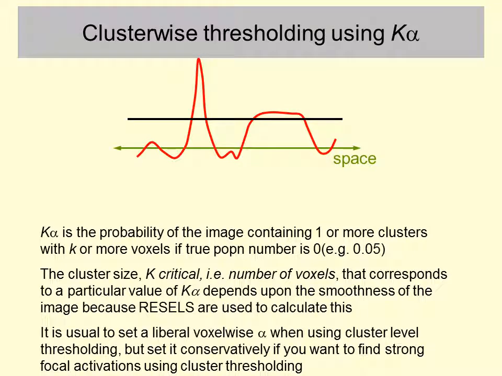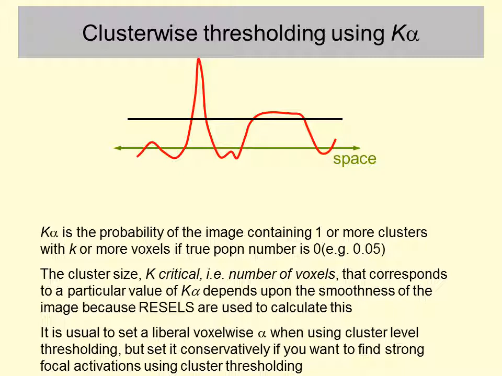Now let's take a look at cluster-wise thresholding. As I said earlier, you use 2 actual thresholds to achieve this. What's drawn on here with the black line is a voxel-wise threshold that is used first to define the clusters that are submitted to thresholding, and it's set a bit lower than if you were only using voxel-wise thresholding as your only method.